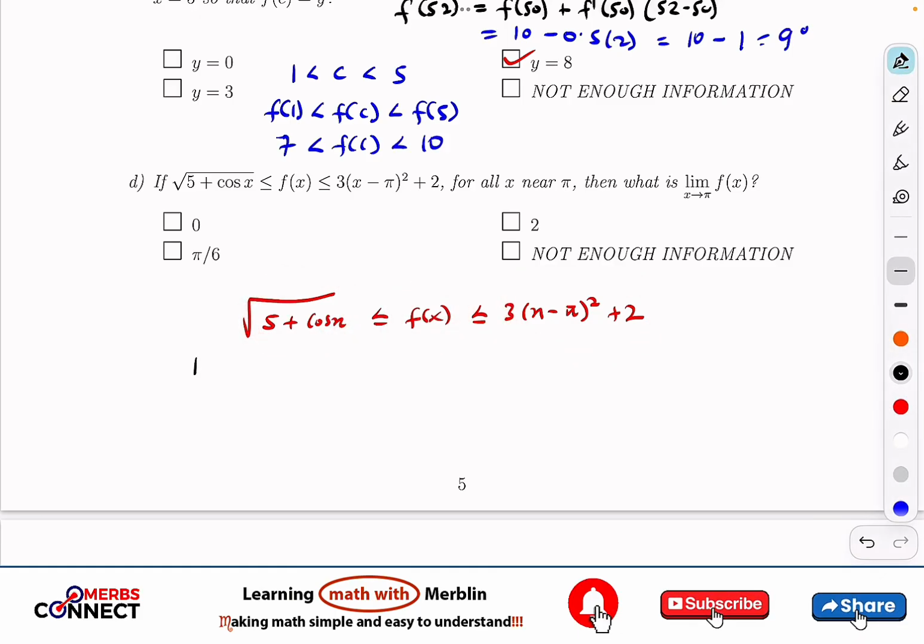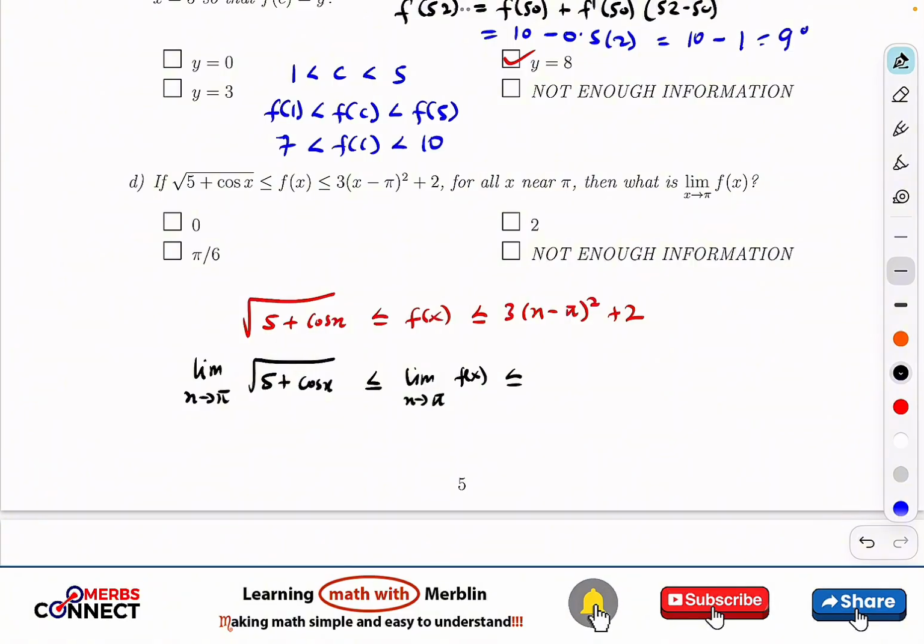So let's do that. Limit as x is approaching pi of square root of 5 plus cos x is less than or equal to limit as x is approaching pi of f of x less than or equal to limit as x is approaching pi of (3x minus pi) all squared plus 2.